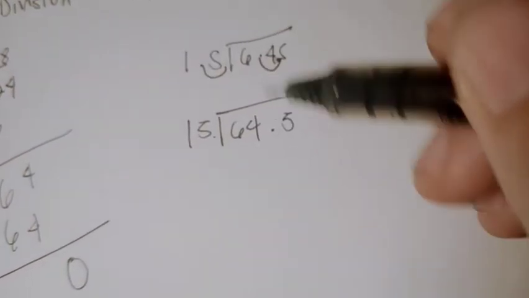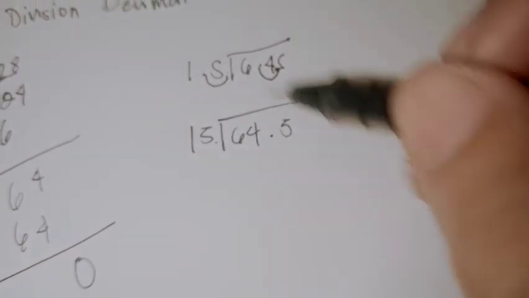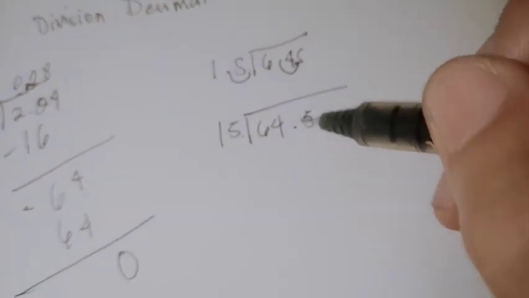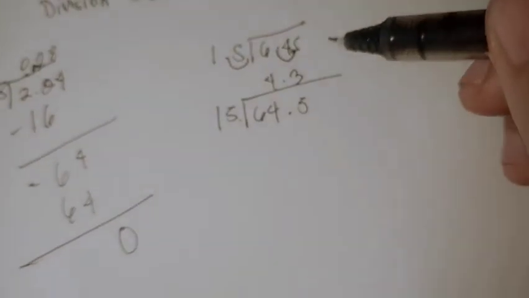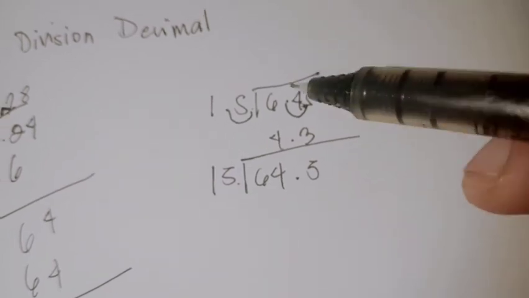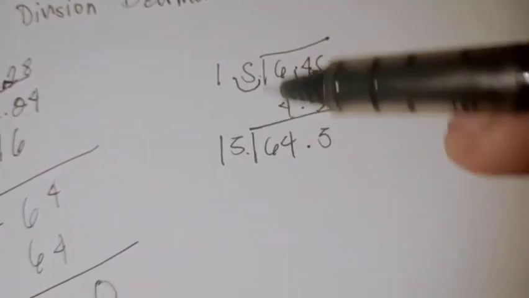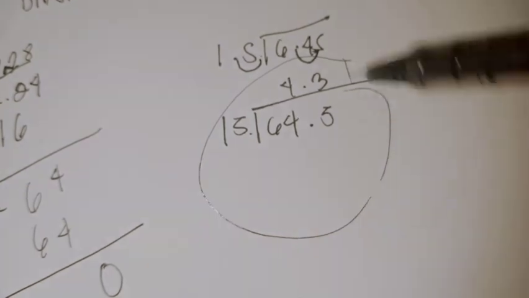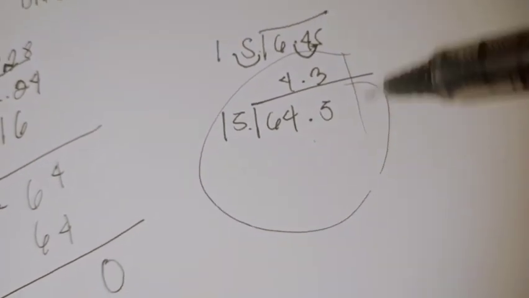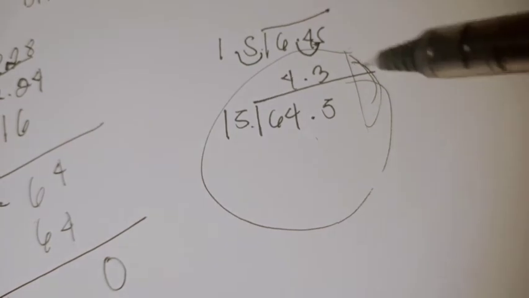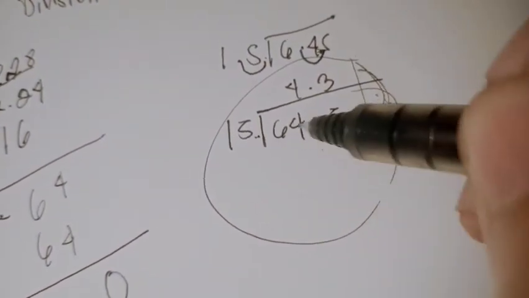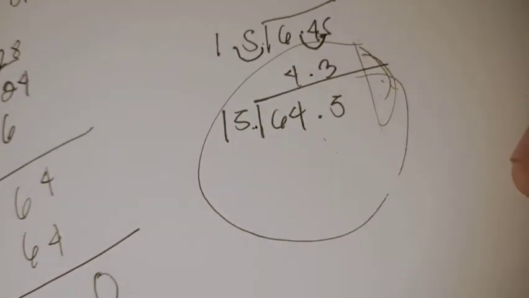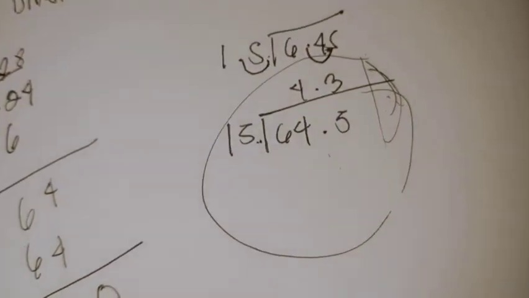Even though we move this, we will still get the same answer, 4.3. But with this, we make the solution much easier just by moving the decimal point. So that's all. Thank you.